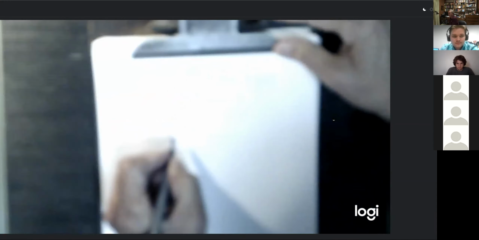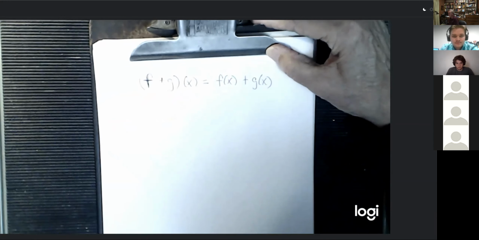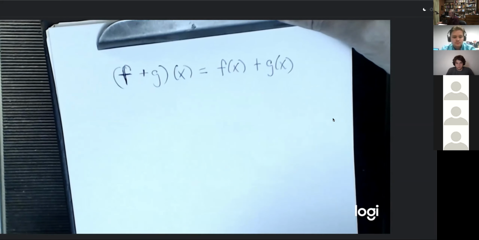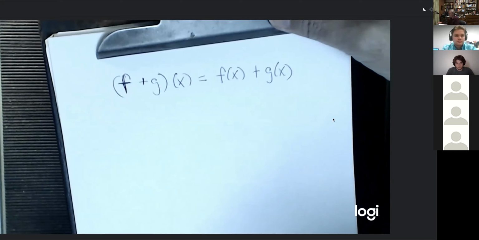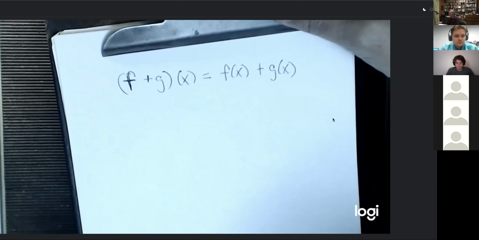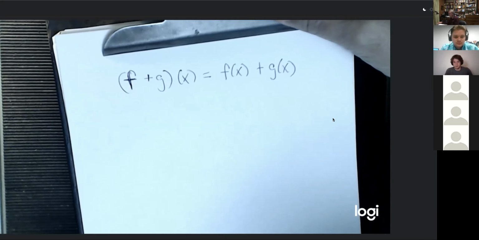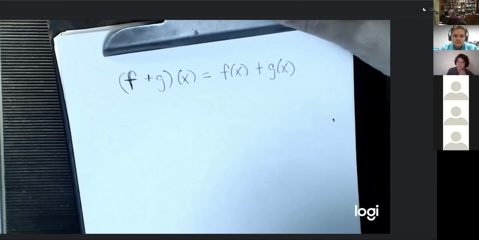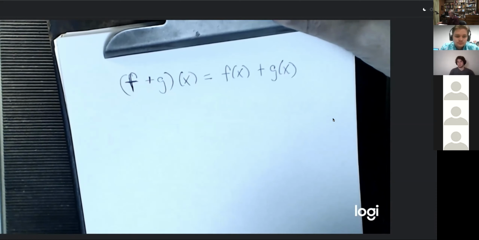If I add two functions, and let me see if I can bring them up. Okay, I see how to make it better, and that's to lower the camera. All right, you all can see that, I believe. Yes. The two pluses are used in two different ways.